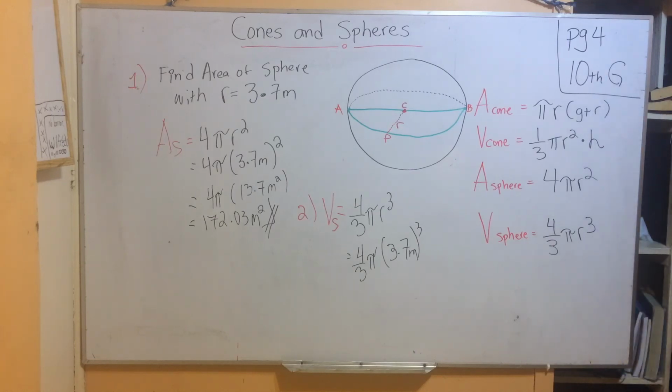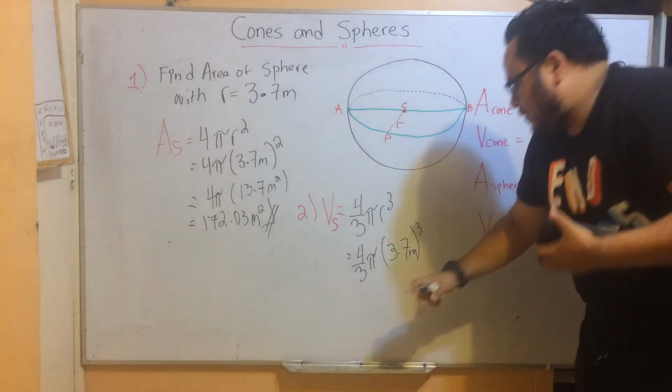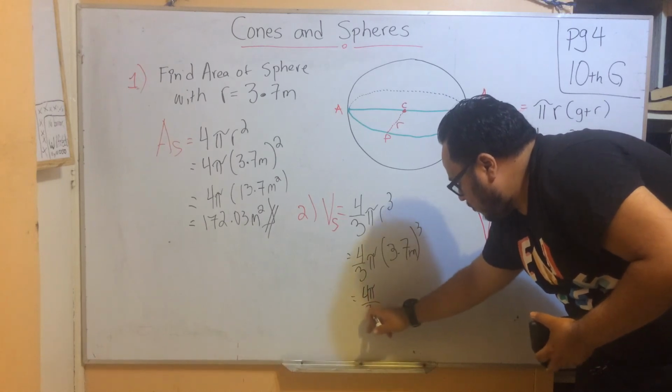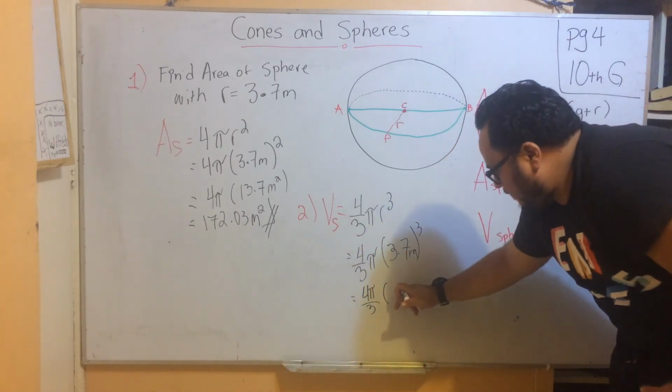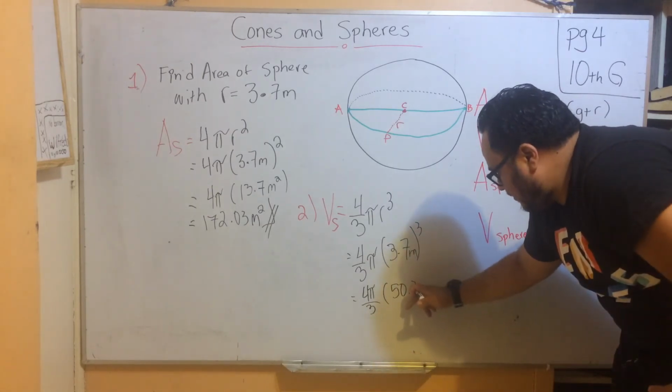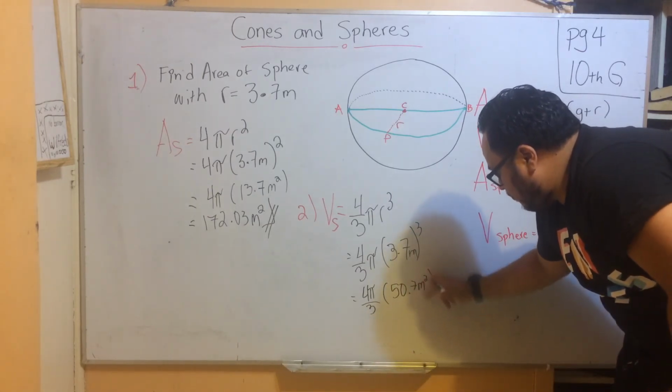So we bring out our calculators, and we put 3.7 to the cube, and that's going to be 50.65. So we have 4 pi over 3 times 50.65, meters cubed.